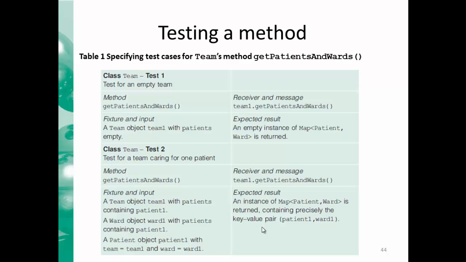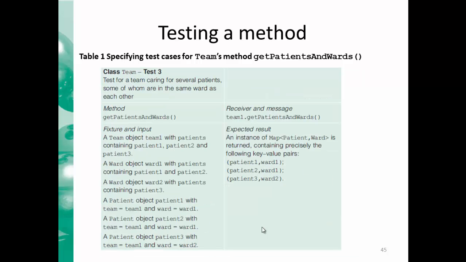We decided that we have team1 taking care of patient1 who is placed in ward1, and that's what we expect from this testing case. We go further with more test cases, and in this case we are considering whether the team is taking care of patients in the same ward or in different wards.